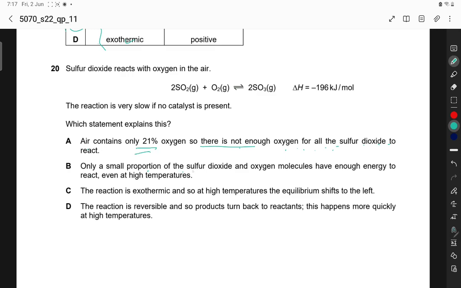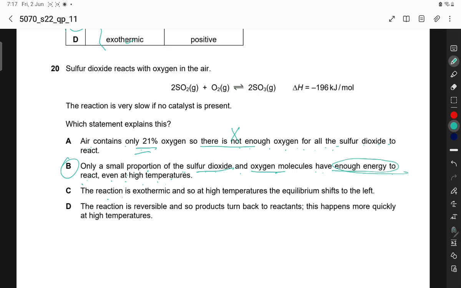Only a small proportion of the sulfur dioxide and oxygen molecules have enough energy to react even at high temperature. Yes, this option is correct.